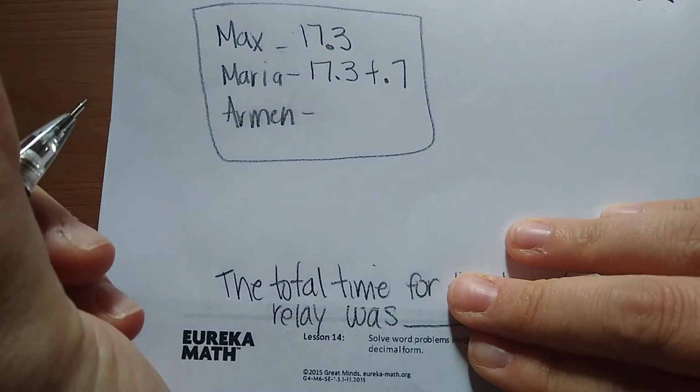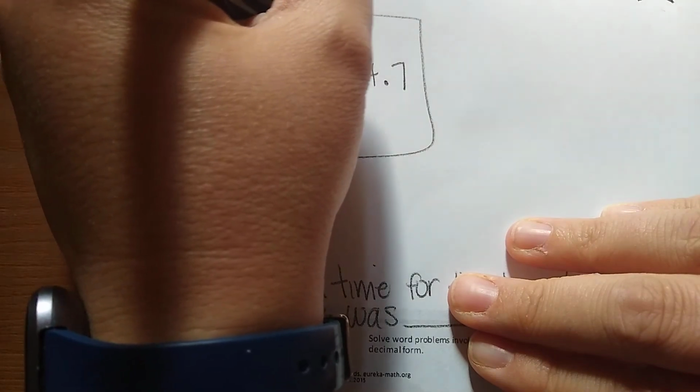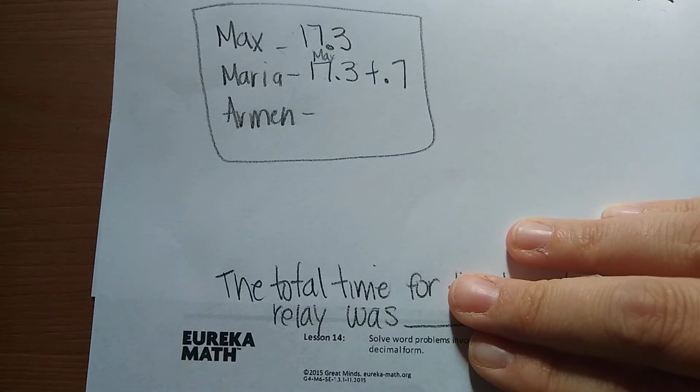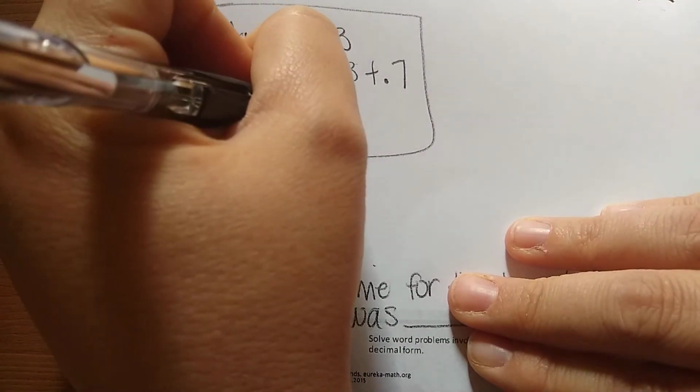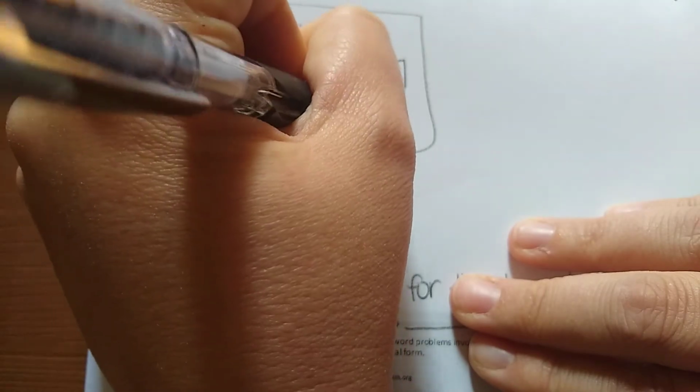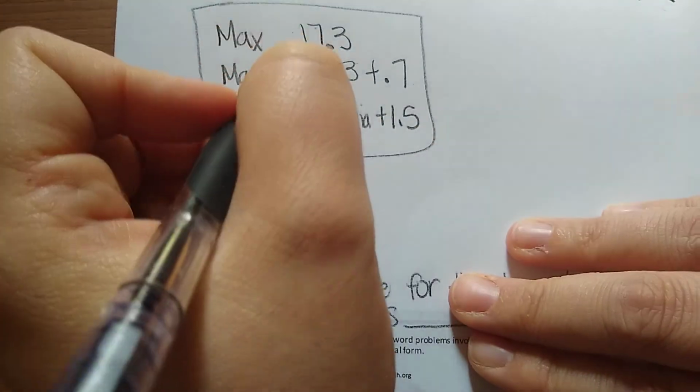Okay. You could have also written like we did before, Max, and then determined that Max went that. So now Armin was even slower than Maria, so he is Maria plus 1.5. So we have to know how much Maria went.